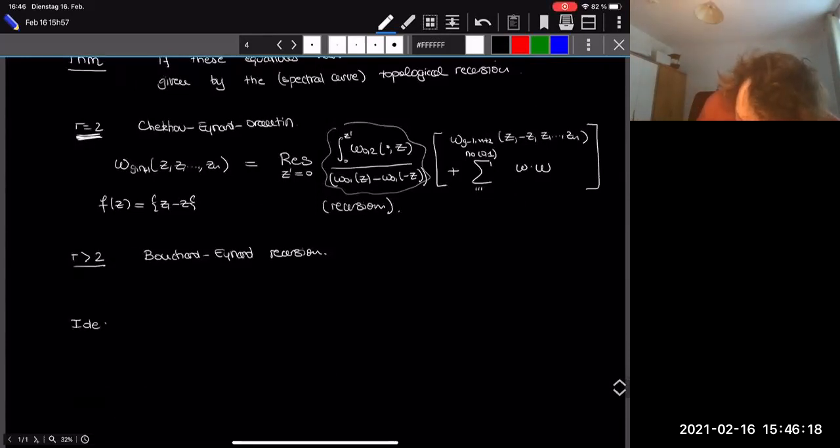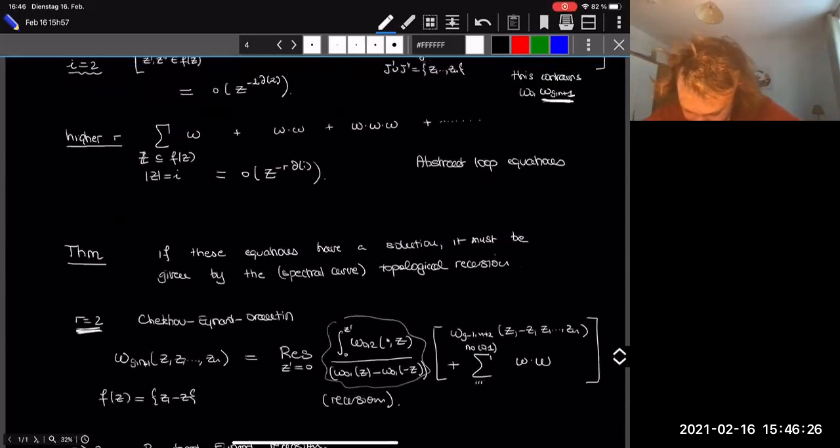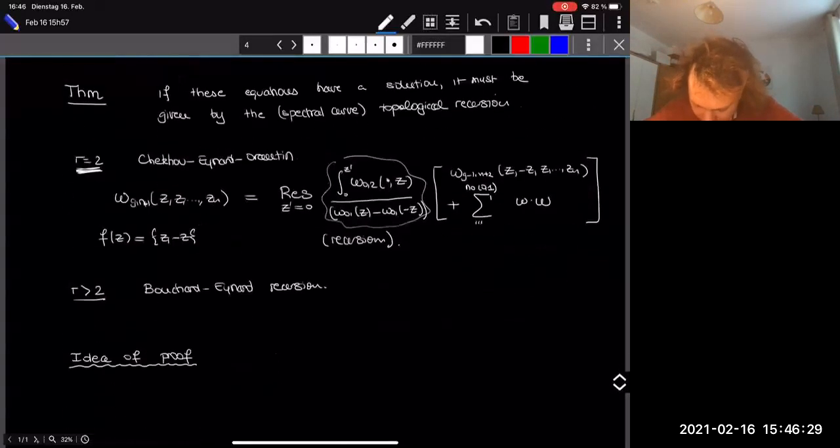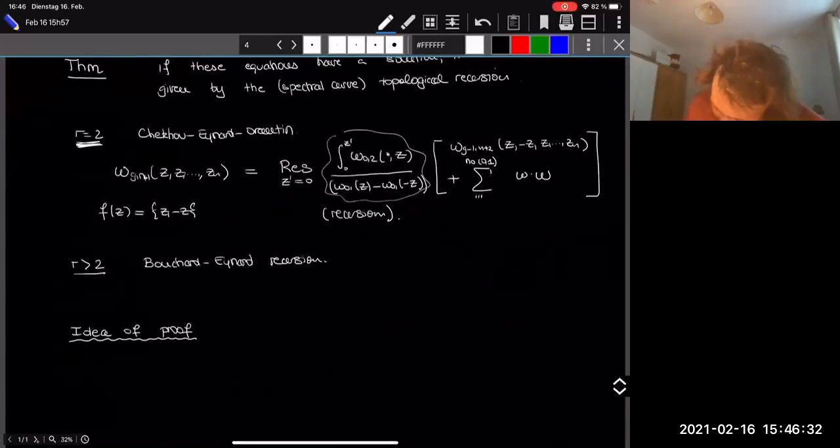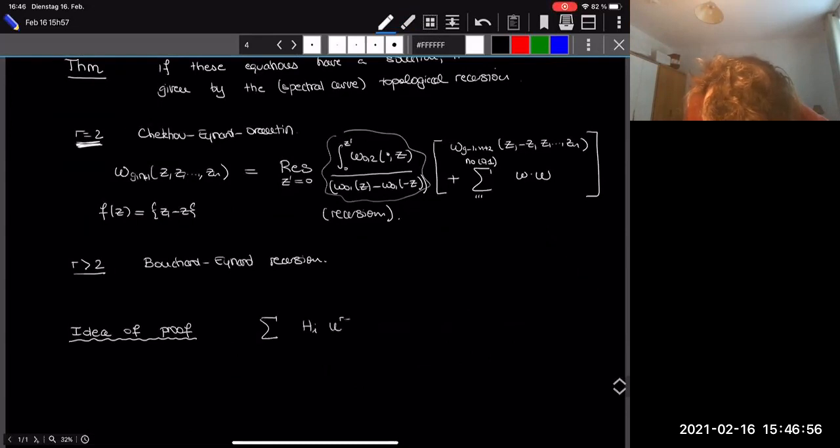So to give an idea of how you prove that, assuming the abstract loop equations, how do you solve them? Well, what you do is that you use some combinatorial identity, which essentially comes from the fact that when you do u plus this hi of x, or maybe with a, say, minus u, sorry, I want the sum of the hi u to the r minus i.